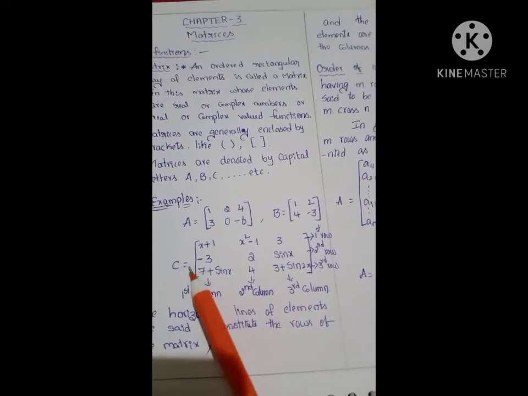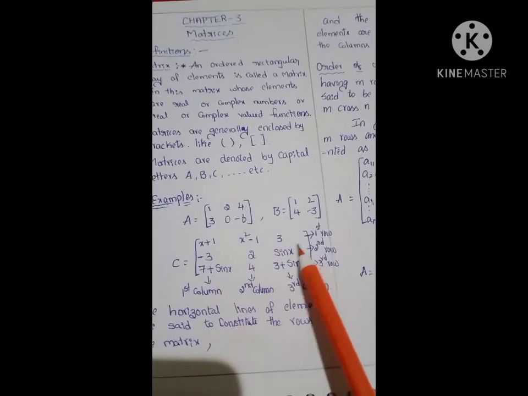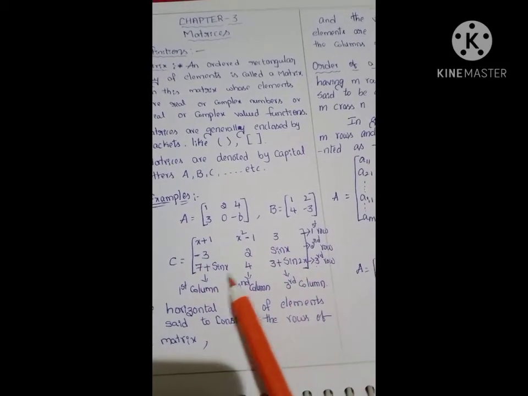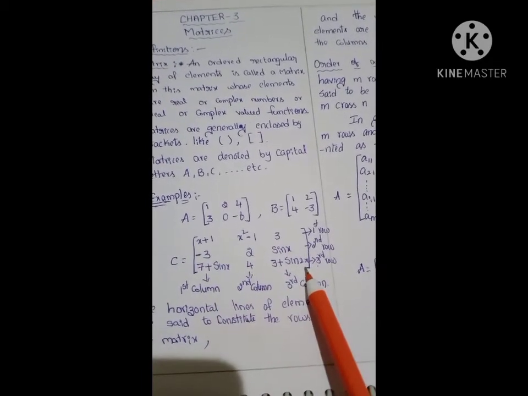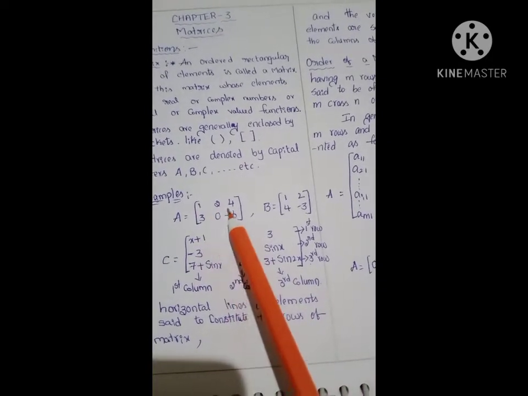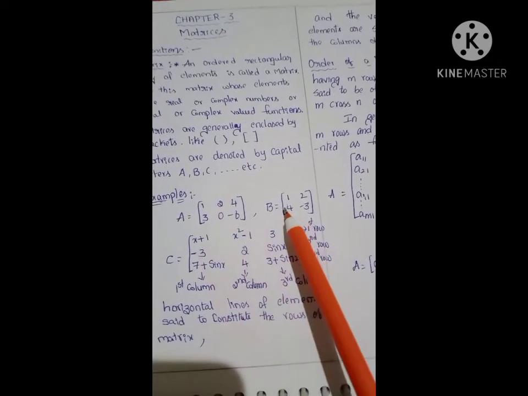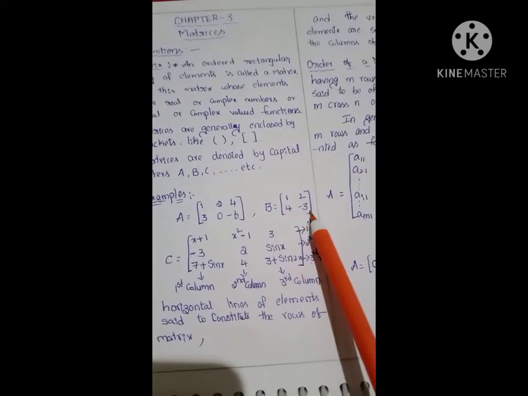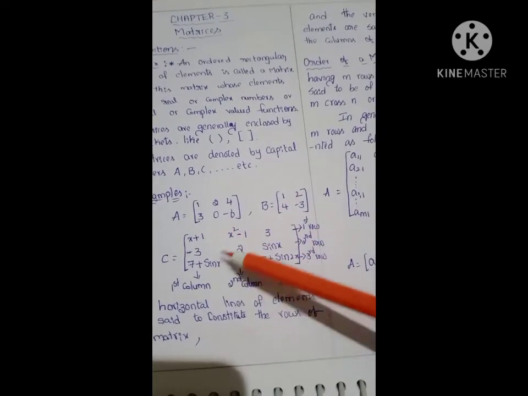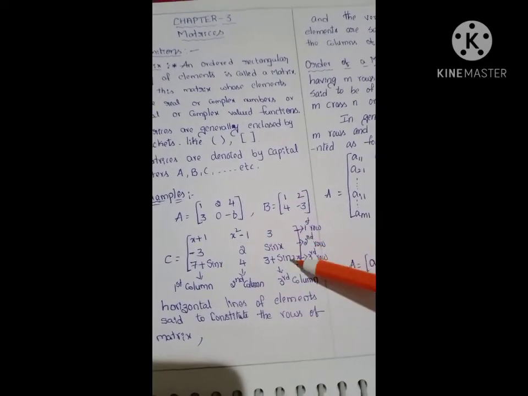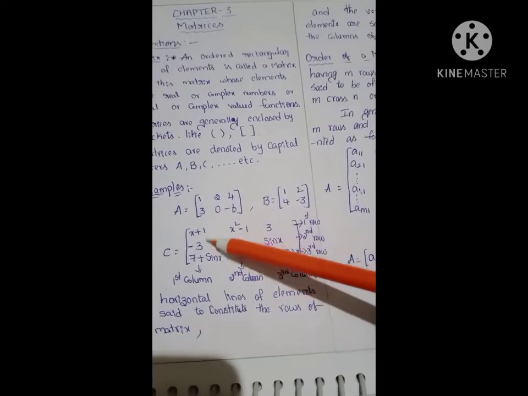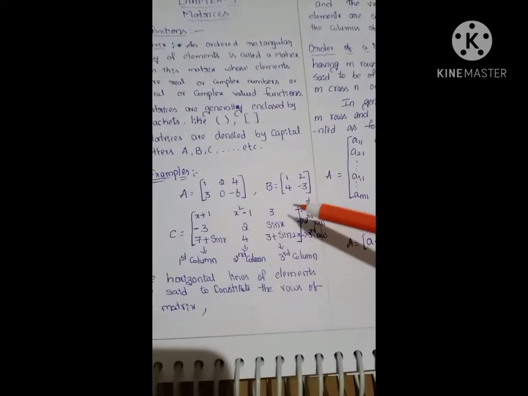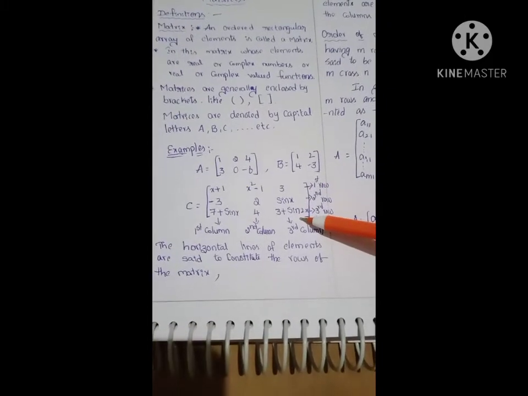This is the first row, second row, and this one is the third row. And vertical lines are called columns: first column, second column, third column.